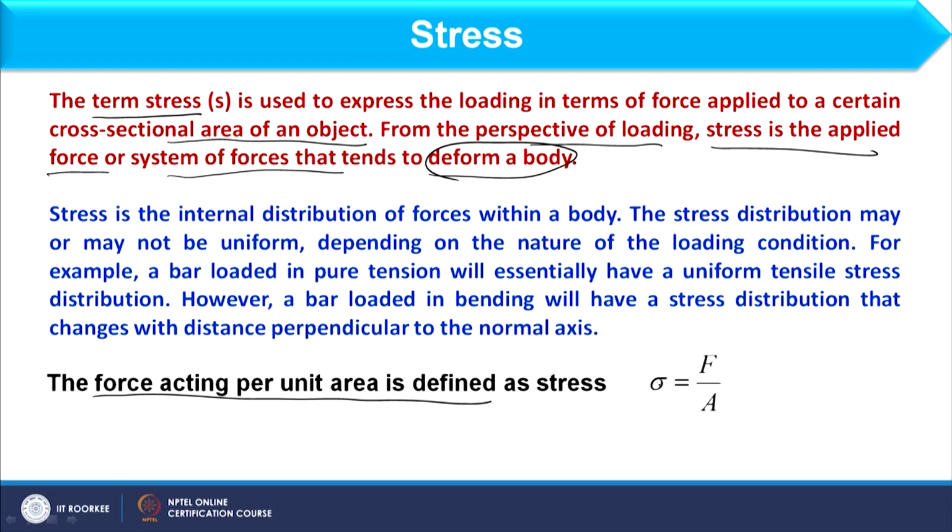Mathematically it is represented as sigma equal to F by A, where sigma is the symbol used for stress, F is the force applied and A is the given cross section. This is the basic expression for stress. There are many types of stresses, but primarily we have three types which we will consider in this course.